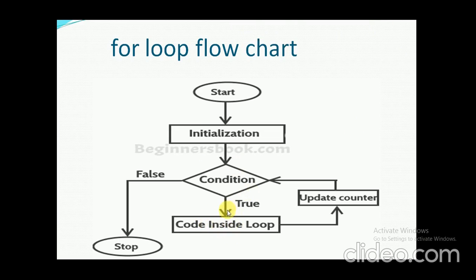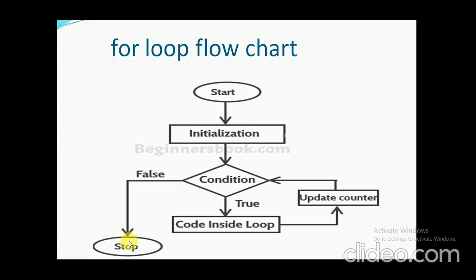Then the value of the variable is incremented or decremented, and again it tests the condition. If the condition is true again, the body of the loop is executed again. This process is repeated until the condition is no longer satisfied. Once the condition is false, control comes out of the for loop and executes the block outside the for loop. This is about the for loop.